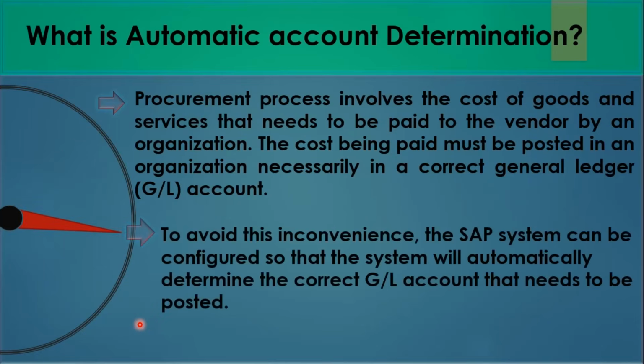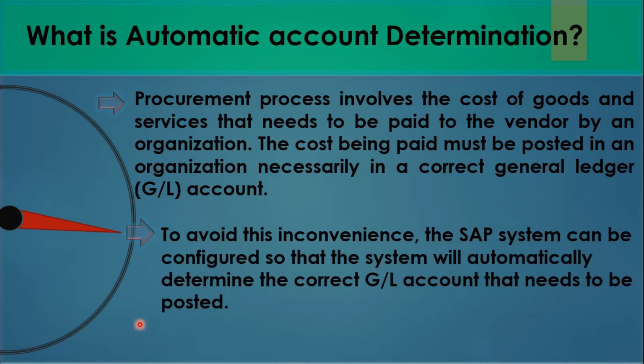To achieve that, we require automatic account determination. To avoid any inconvenience or inconsistency, the SAP system can be configured so that the system will automatically determine the correct general ledger account to be posted whenever you perform any goods movement.